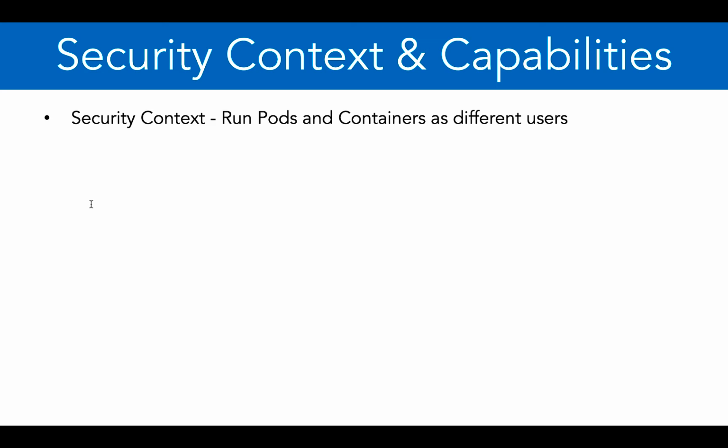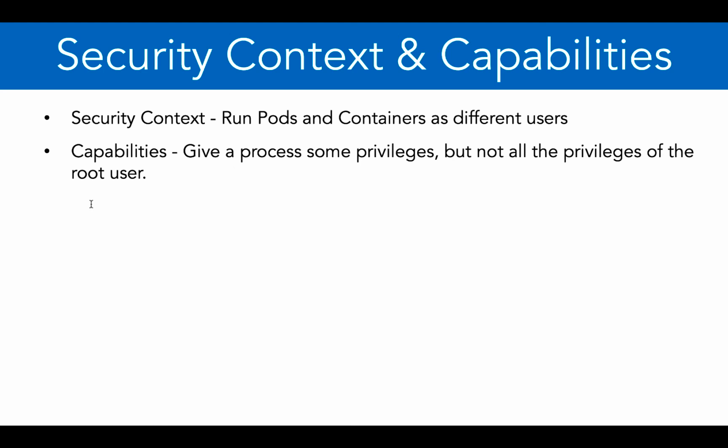So that's where security context is used. It is used to run pods and containers as different users rather than root users. Now, what if you want to run as root user, but you do not want to give the pod or the container the same permission as that of the root user? Can you do that? The answer is yes, and that can be done using capabilities.